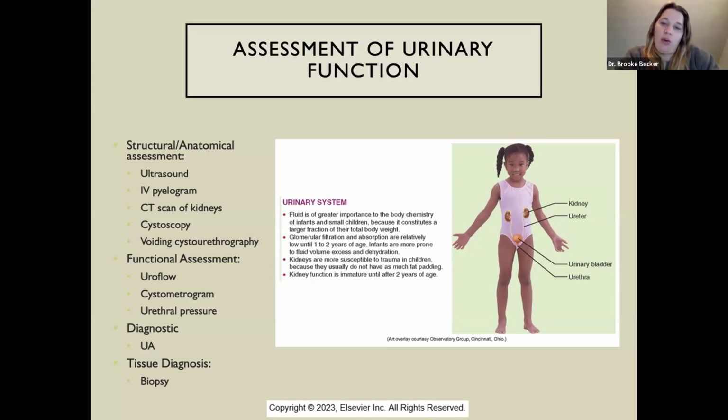So that goes along with when kids are ready to potty train as well, okay? Just know all of these. Obviously a UA, you just have a clean catch UA to check for infection. A biopsy would be looking for cancerous or abnormal cells.